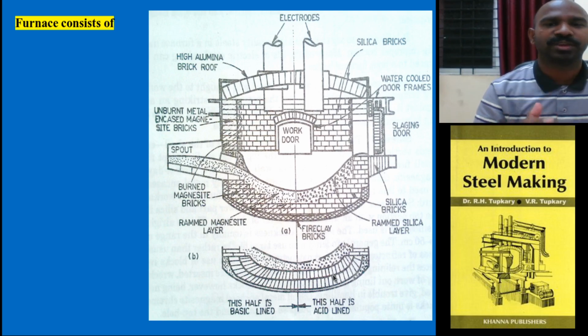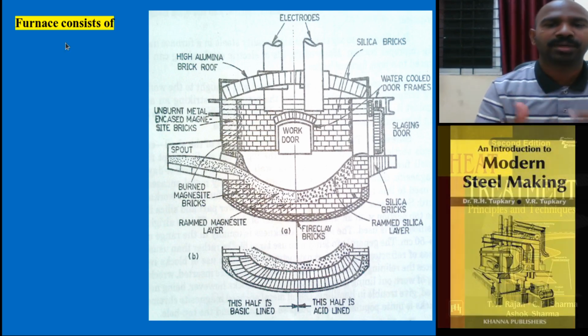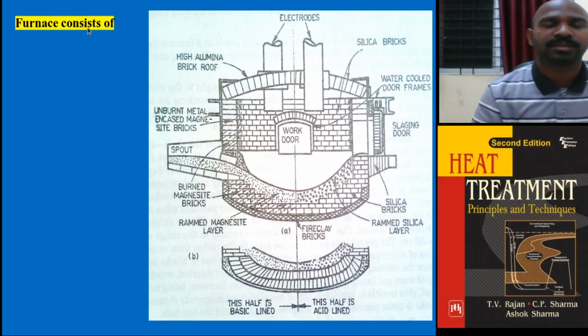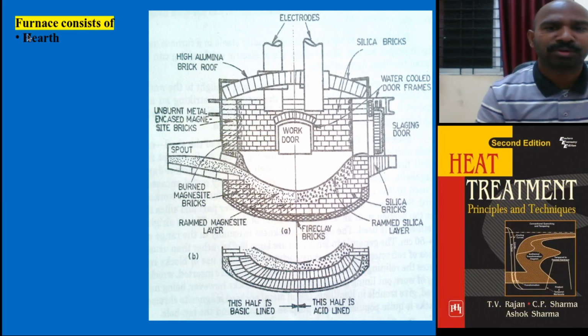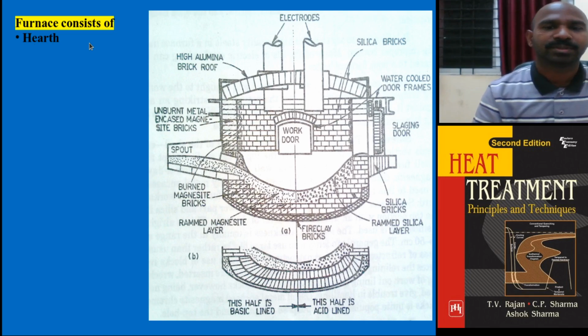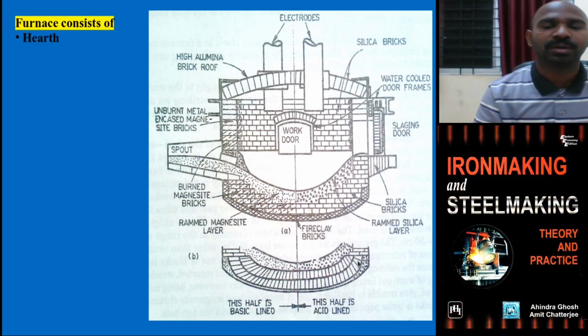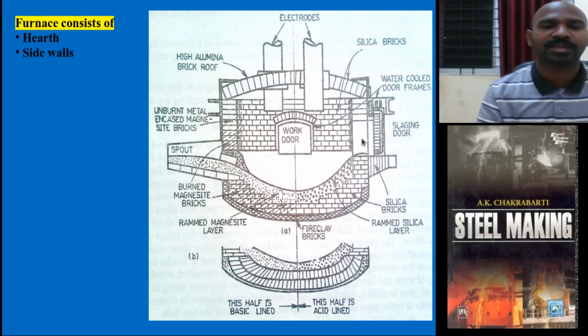Let me give you the design parameters, what this EAF consists of. One is the hearth. If you just remove the H, it is nothing but earth, which is nothing but the bottom part, remember like that. And side walls, this is one wall, this is another wall, just like in our construction building, a room has walls.